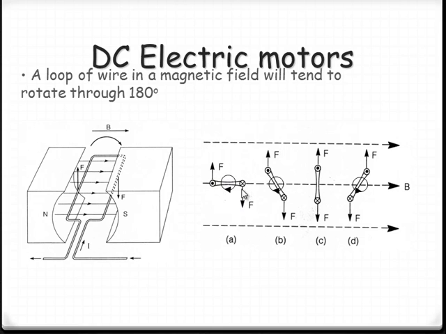This causes the coil to begin to rotate. As it rotates, the force goes up. At this point, it reaches a point where the force is now up. What's that going to do to the rotational effect? As it continues to move around, the momentum or the inertia is going to take it around.